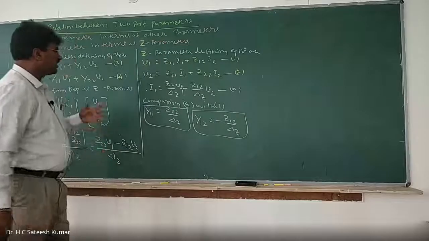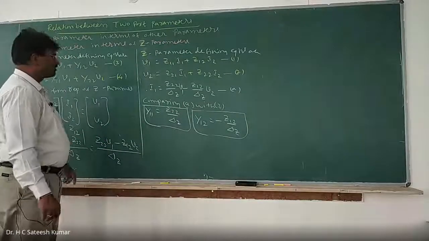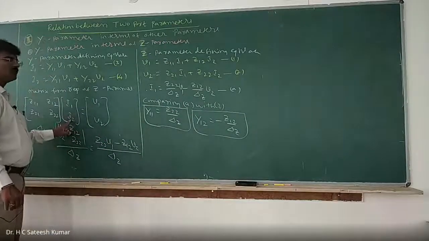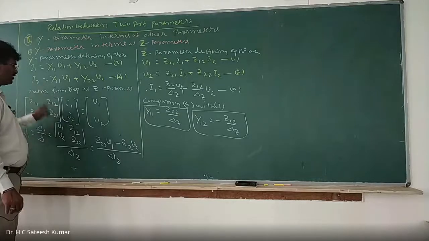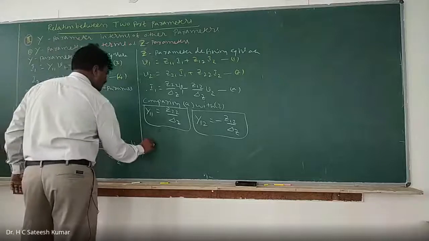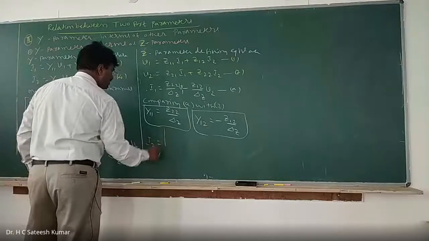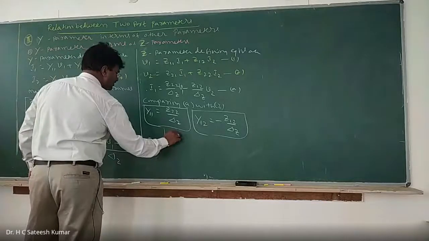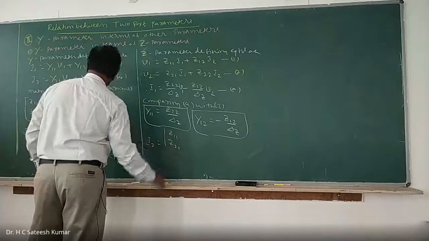Similarly, to get the value of I2, what you should do, because for I2 we need this one. Replace second column by the right hand side. So now what is that we have? I2 is equal to first column retain as it is, Z11, Z21.